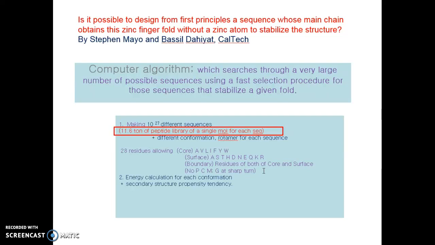The actual search space is, however, even larger since different conformations, rotamers, must be considered for every possible side chain.